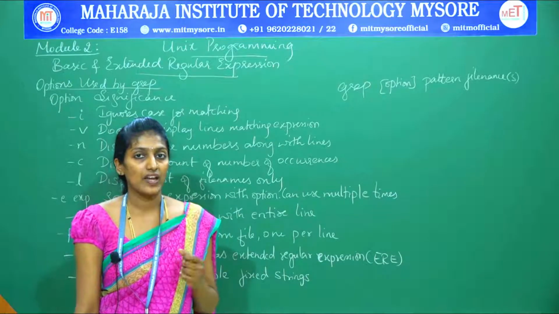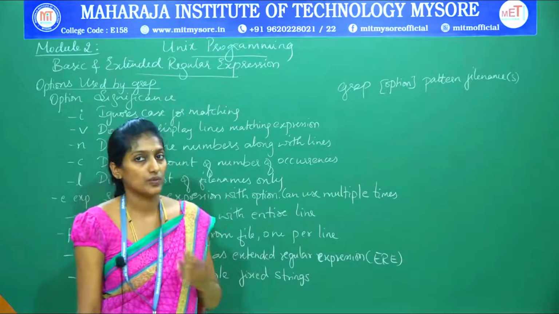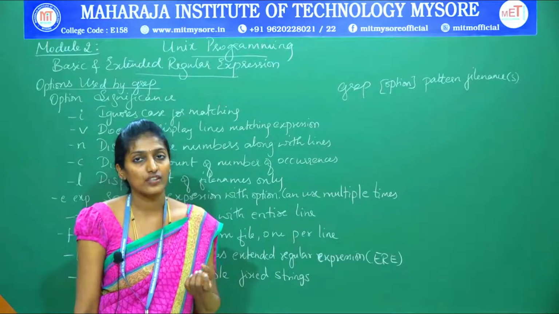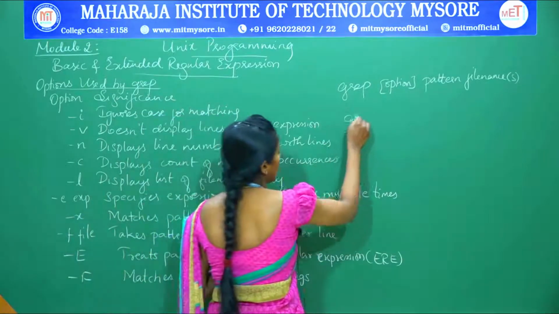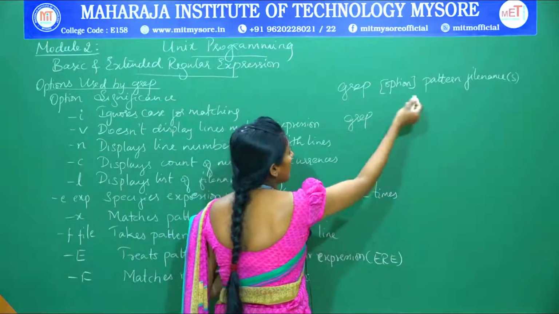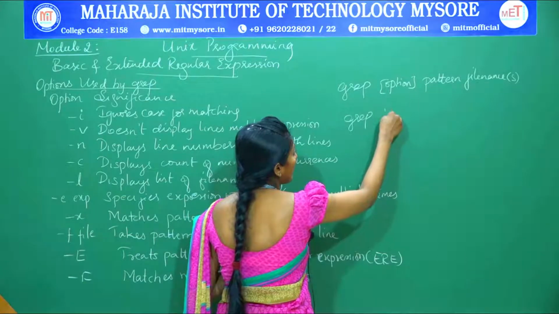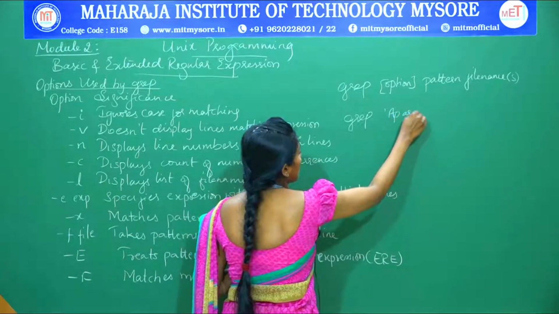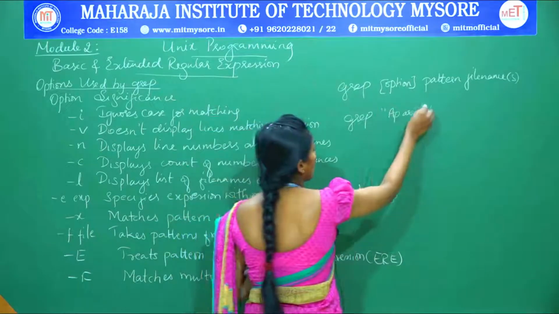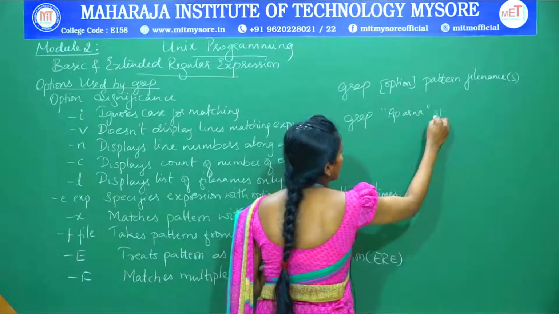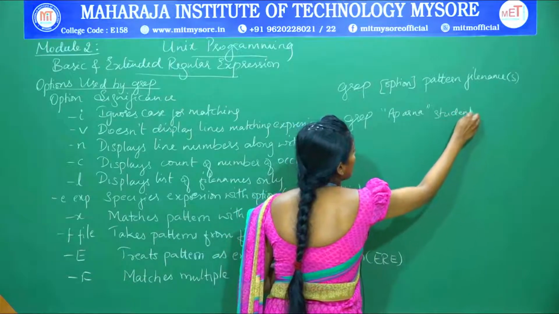Along with that, we also discussed how it works by taking the example of the student.txt file. If I give grep followed by the pattern, for example the name Aparna, this name will be enclosed in double quotes, the pattern followed by the file name student.txt.